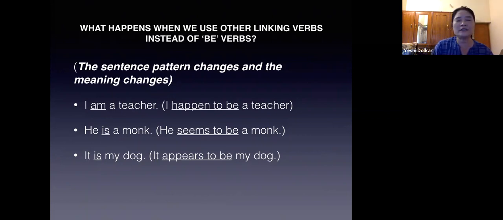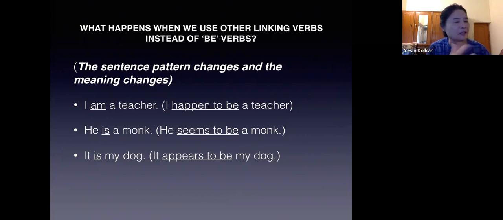To be a teacher. In the same way, he is a monk. He seems to be a monk. That to be. It is my dog. It appears to be my dog.